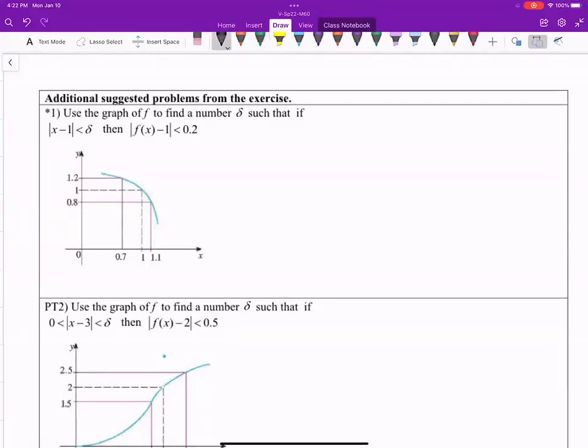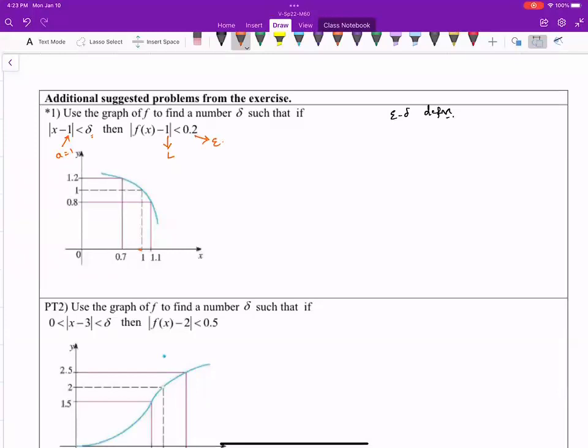Suppose you recap the epsilon delta definition that we just said, and you notice that this number 1 should be L, and this number 0.2 should be epsilon, and then this number here should be a. Right? The question is, what is delta?